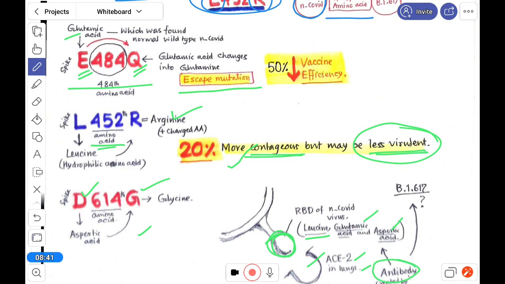So the antibody will not detect this. It is almost like giving the police a photograph of a criminal to find that person, but in the meantime the criminal changes his face. So how can the police detect him? It is almost that kind of thing, and the affinity is increased in that way.